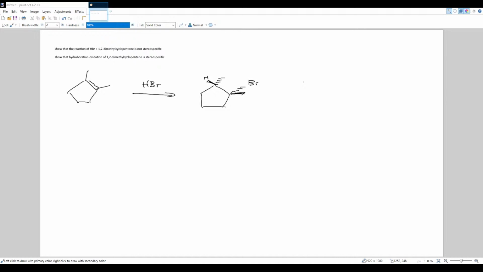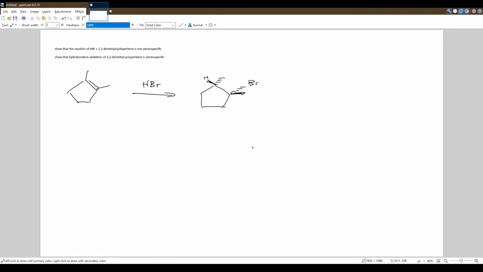Hydrohalogenation, sorry, of alkenes. Does it even have to be anti? Whatever, I'll check. Oh, that's right, it forms a carbocation, so it doesn't have to be.